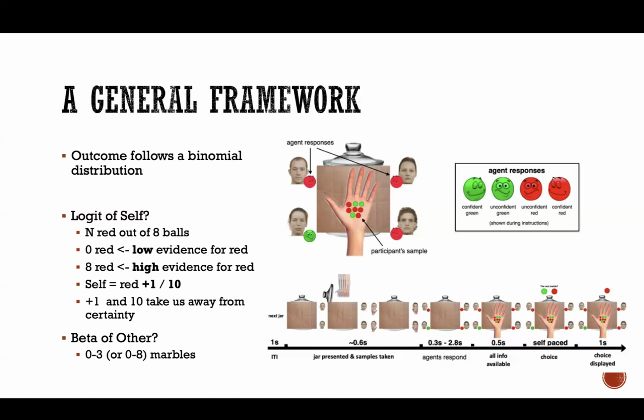Unconfident red is 2 red marbles out of 3, and confident red is 3 marbles out of 3. And of course, you could stretch it. You could make different values, but this would be the most obvious way also to reflect the fact that we're not seeing the other person's sample. So giving it the same scale from 0 to 8 would sort of betray the fact that there is an intermediate step.